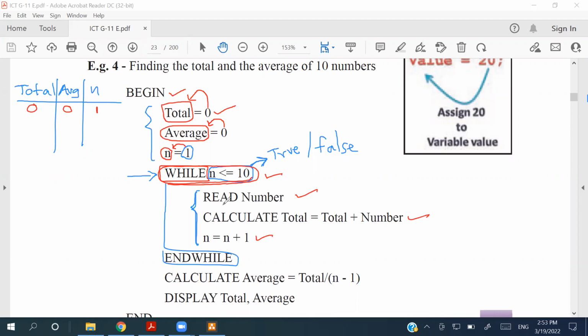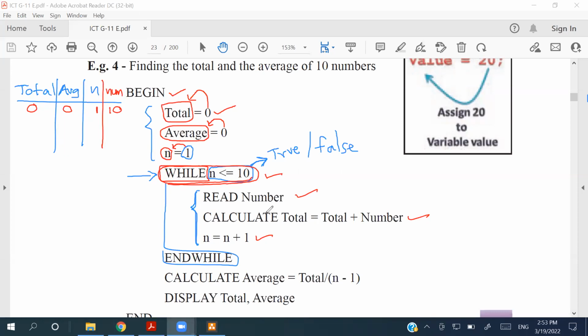The first one says read number. So I'm going to give a value for the number, which is 10. Number is going to become a variable by itself. Ravindu, we just started discussing the example.